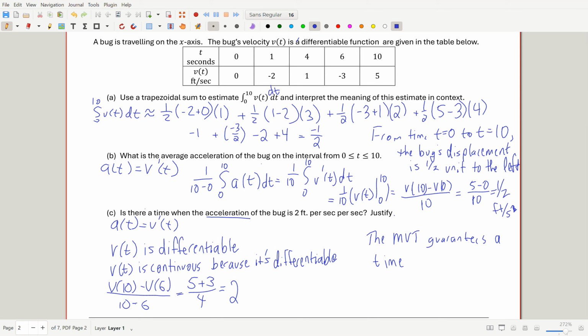Usually they give you a range here. This question just didn't have it. So either reuse their range, or use the interval that you used, 6 and 10.